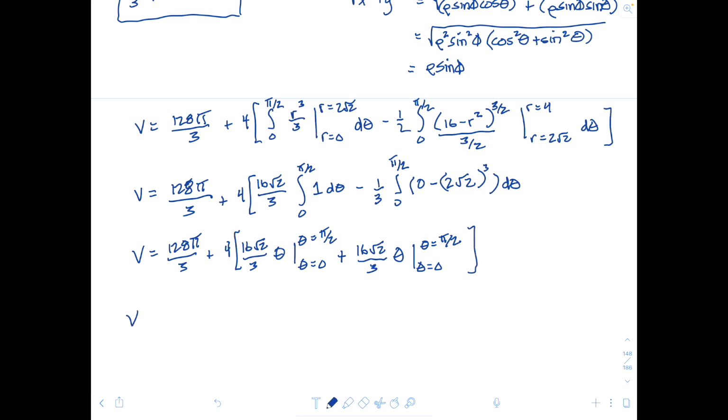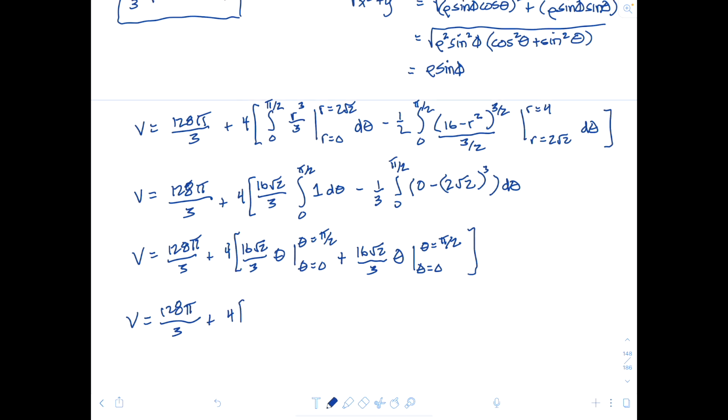So let's see, volume is 128 pi over 3 plus 4 times, the lower limit will zero out. So we'll basically be doubling the result of one of these.